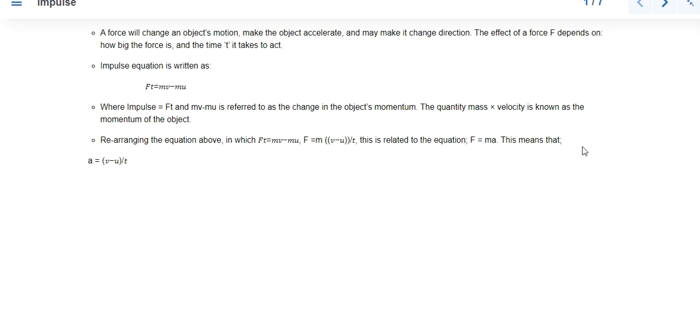Rearranging the equation above, in which Ft = mv - mu, F = (mv - mu)/t. This is related to the equation F = ma. This means that a = (v - u)/t, where a depicts acceleration, F is force, and m is the mass of the object.